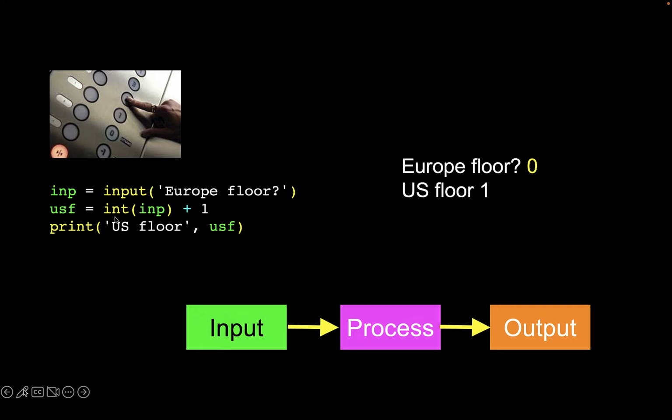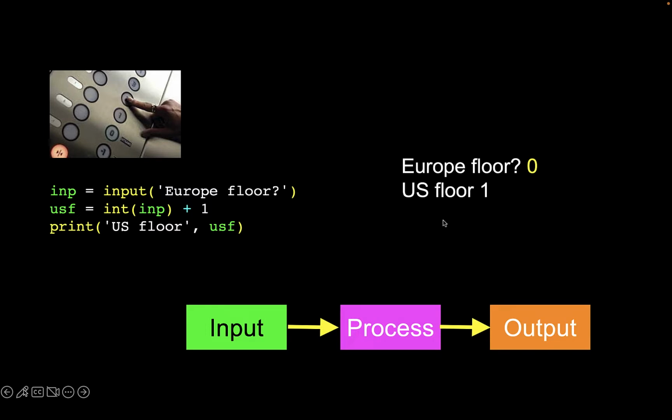Okay, so calling int is going to turn it into a proper int, and adding 1 is going to add 1. And then we store that in USF, which I guess means US floor, and then we print US floor, USF.